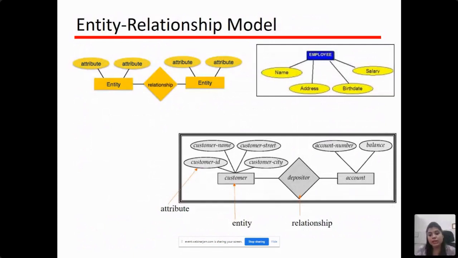When a customer deposits some amount in the account, deposit date can be captured as an attribute of this depositor relationship. Or if it is a withdrawal kind of relationship, then again the withdrawal date can be stored as an attribute of that particular relationship. So entity also has attributes and relationship also has attributes.